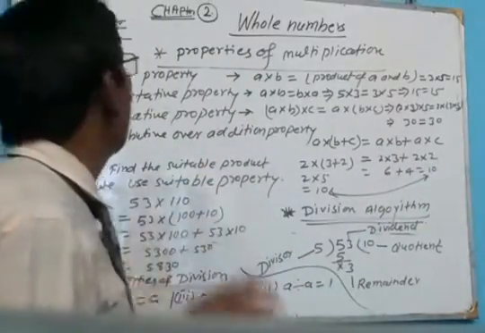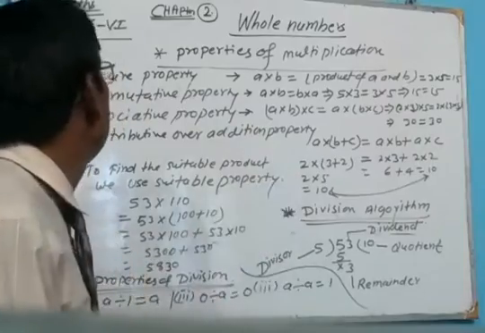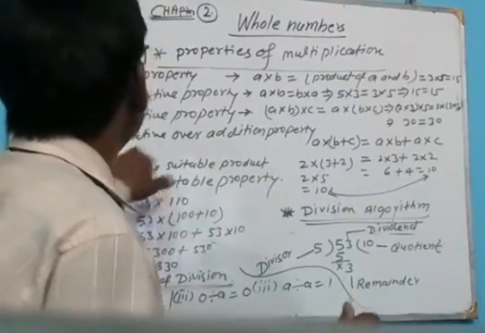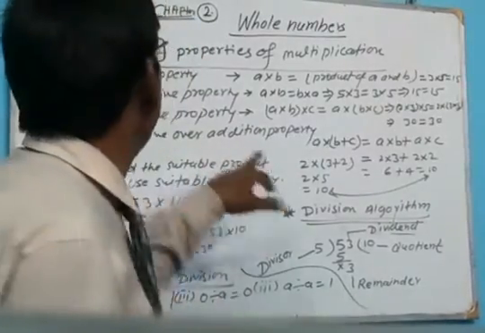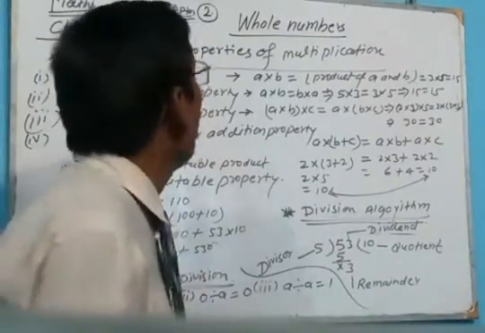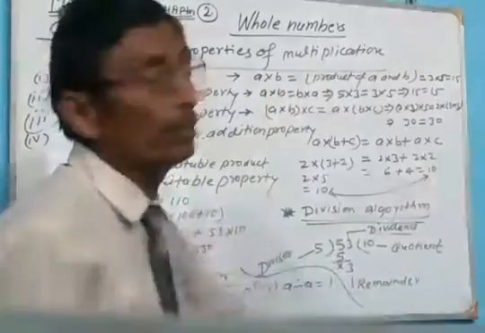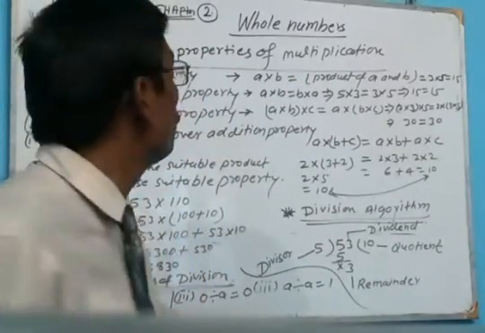What is the distributive over addition property? The distributive over addition property shows both addition and multiplication under the multiplication. How?